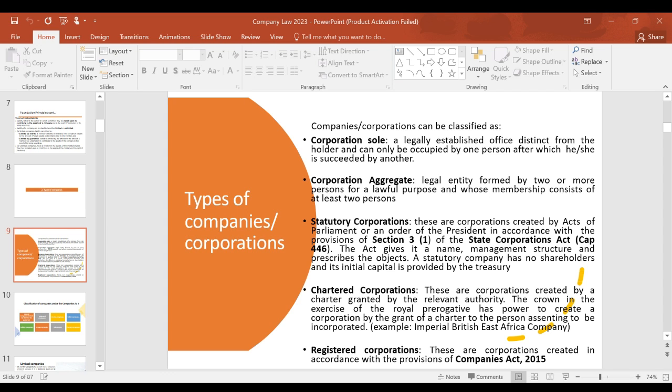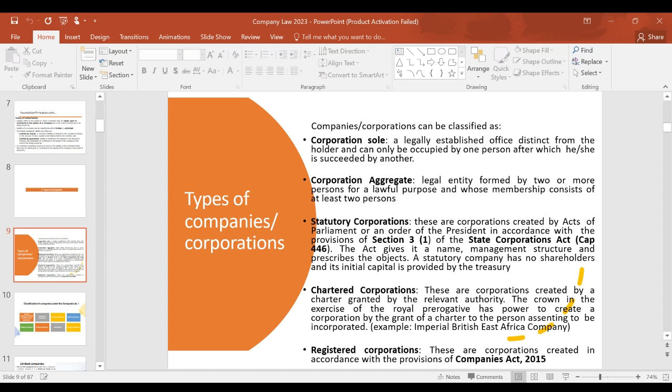We also have corporation aggregate, which is a legal entity formed by two or more persons for a lawful purpose and whose membership consists of at least two persons. So you have those companies that have two or more members or owners who come together to form that particular company. That will be called a corporation aggregate.